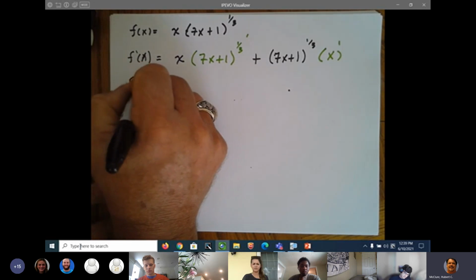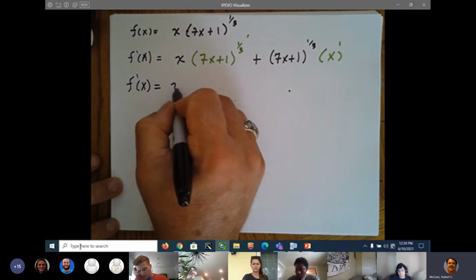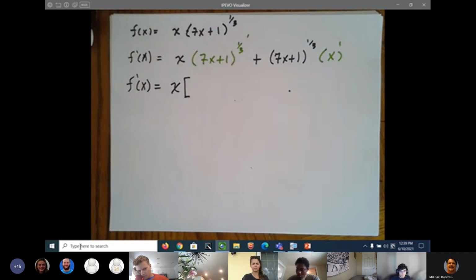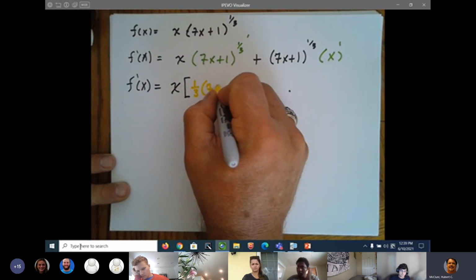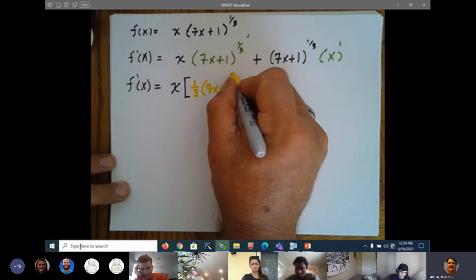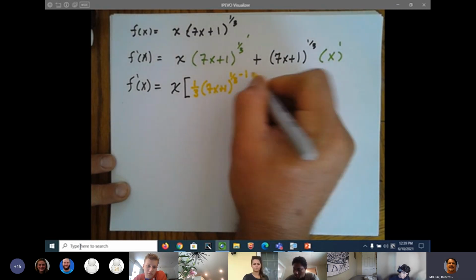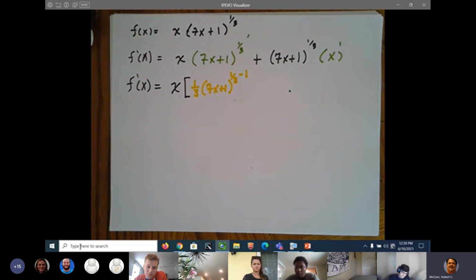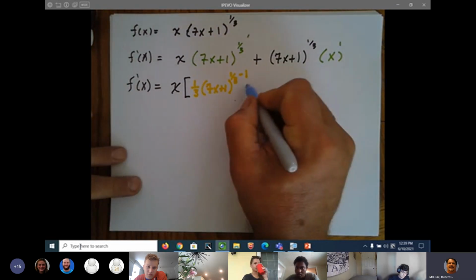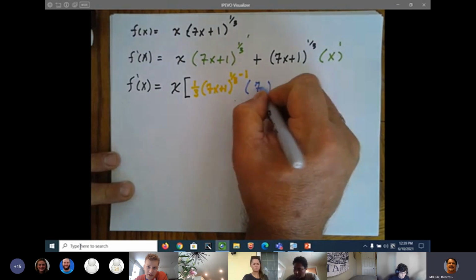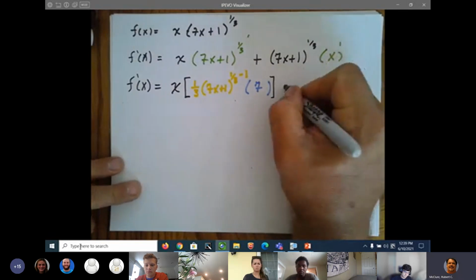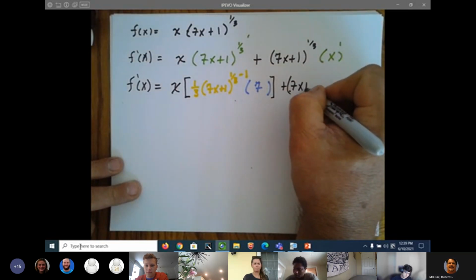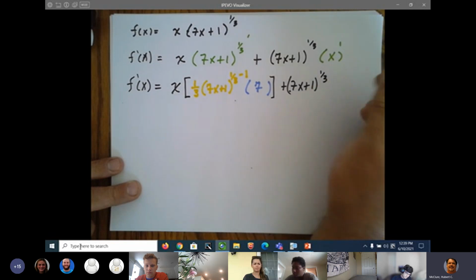F prime of x is equal to x, bracket, and here we go, product rule. 1/3 times (7x plus 1) to the 1/3 minus 1 times the parentheses. What is the derivative of 7x plus 1? 7. Plus 7x plus 1 to the 1/3.